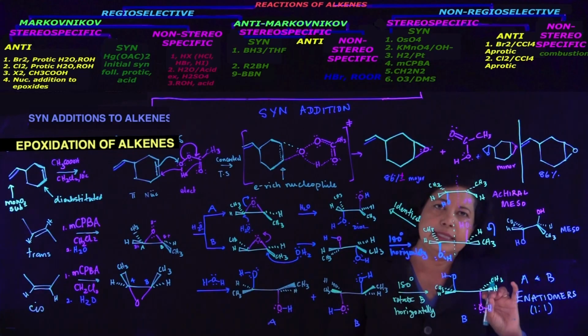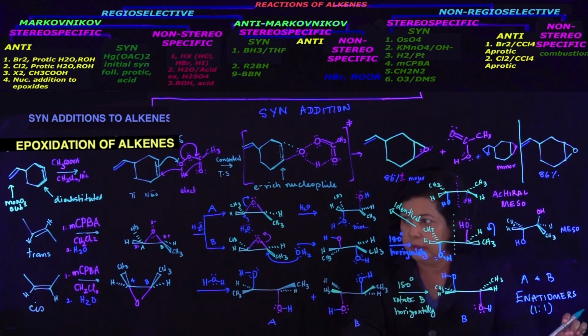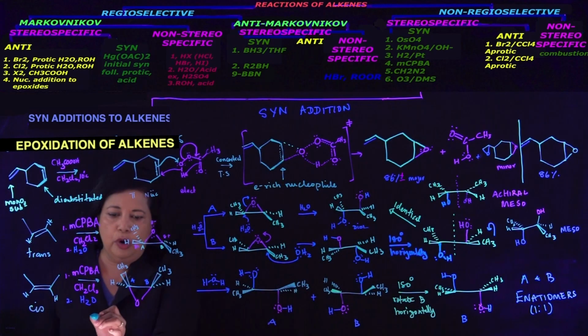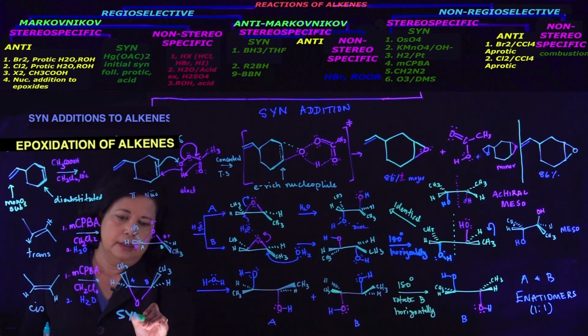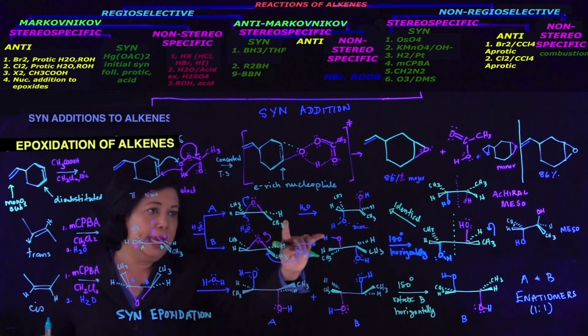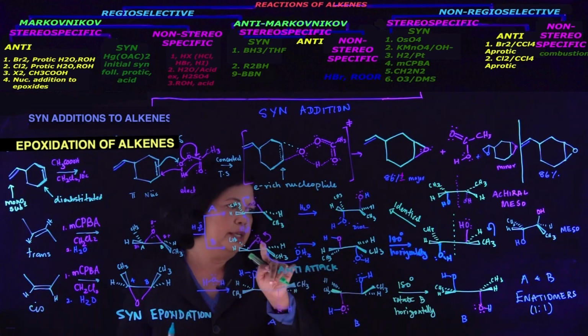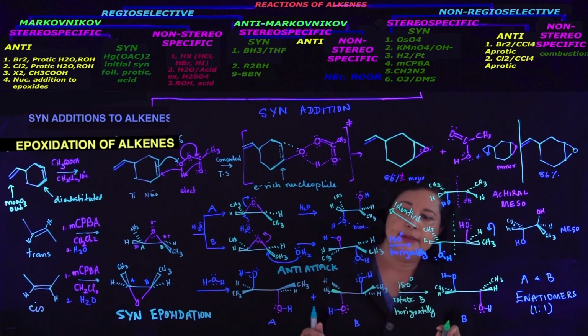It's not stereoselective. However, you can only attack from the opposite side. So the formation here is syn epoxidation. However, when you attack it, you're going to get anti-attack. Therefore, your hydroxyls are going to be on opposite sides.